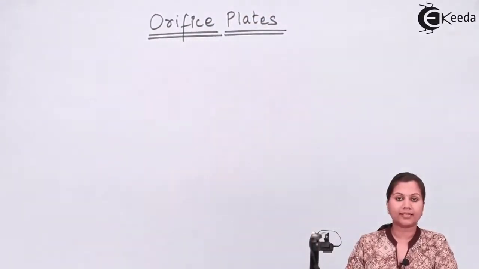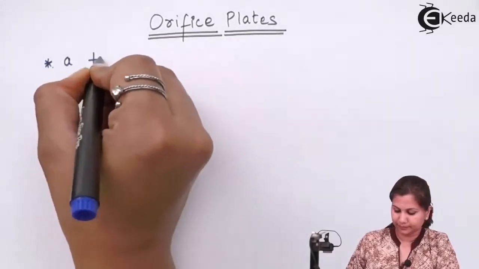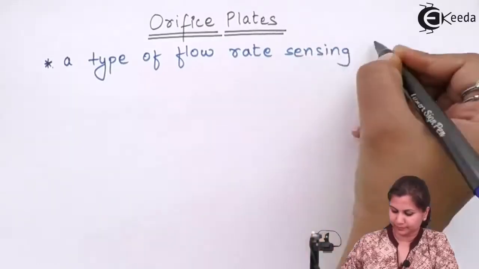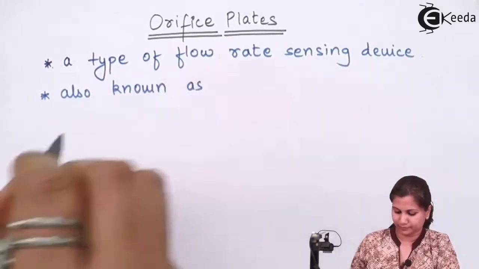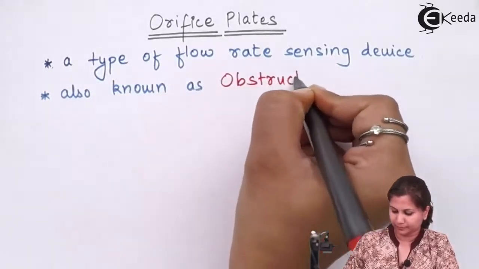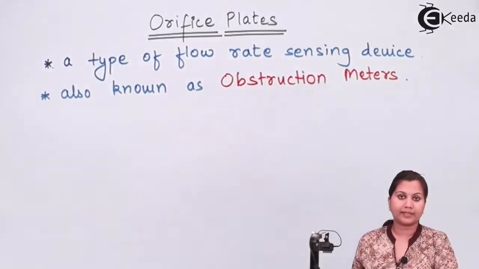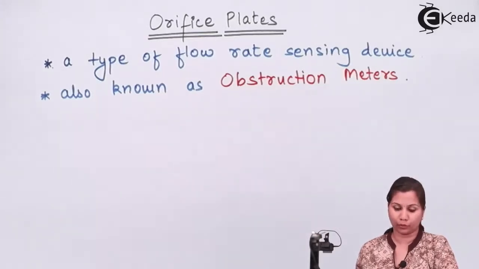Orifice plates are a type of flow rate sensing device, also known as the obstruction meter. They are known as obstruction meters because these devices act as an obstruction in the fluid flow.